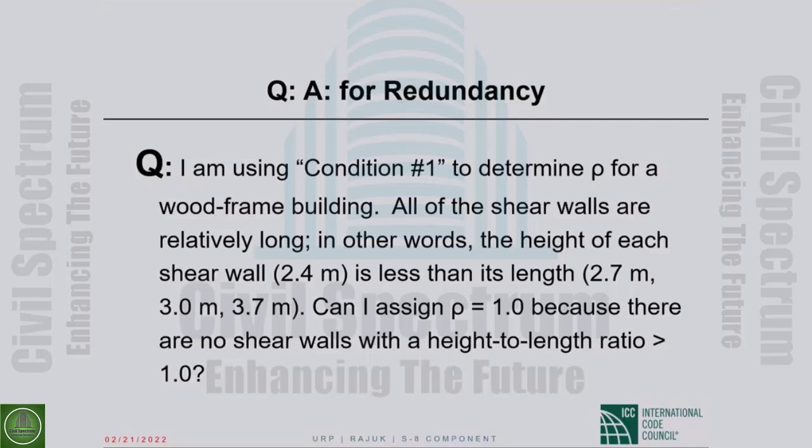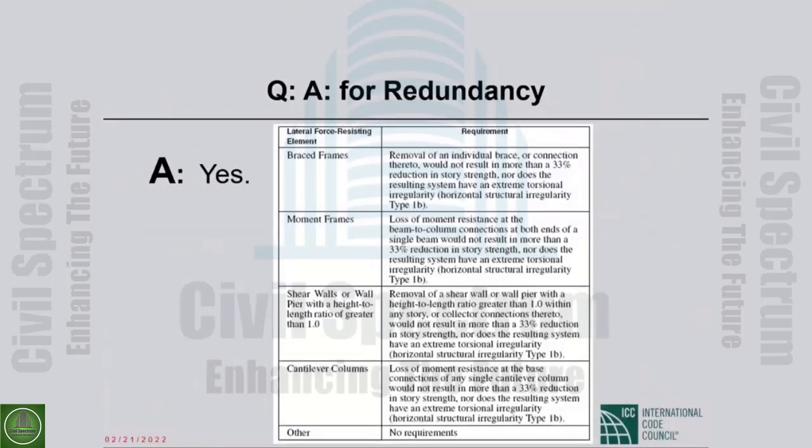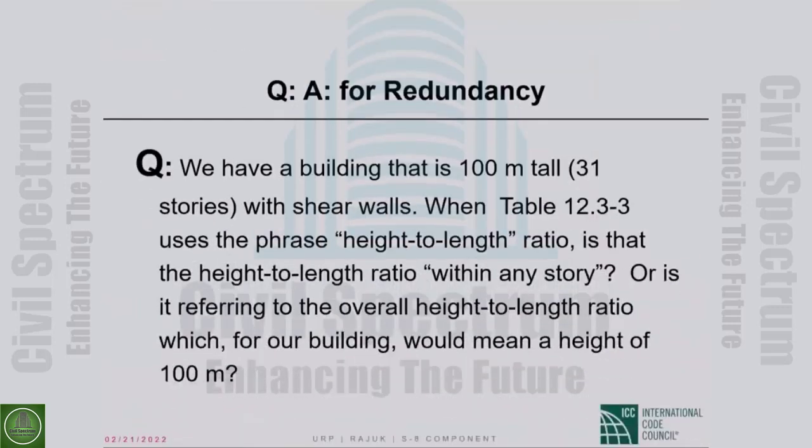Can I assign rho equal to 1 because there are no shear walls with height to length ratio larger than 1? And the answer is yes. ASCE asks you to remove shear walls with height to length larger than 1. If there is nothing to remove, your building is redundant.